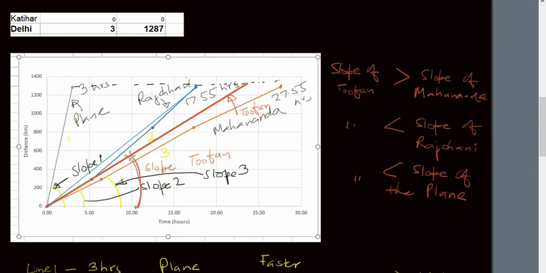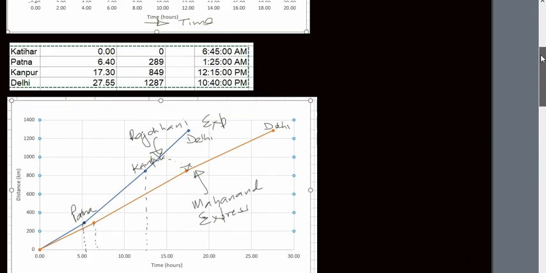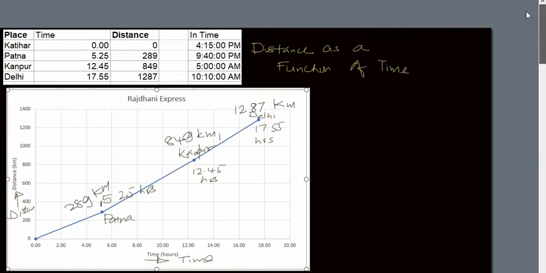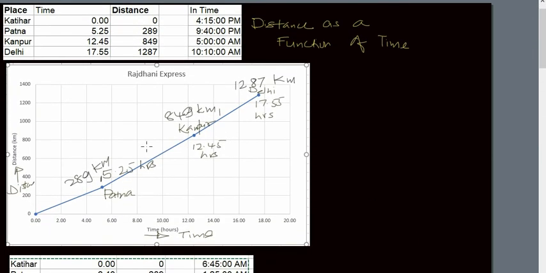Similarly, slope of Tufan is less than slope of the plane. You can say that Tufan moves slower than the plane. So you see here the concepts that we have covered so far. We have seen how we can plot distance as a function of time.